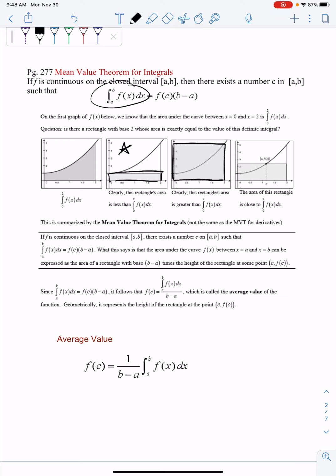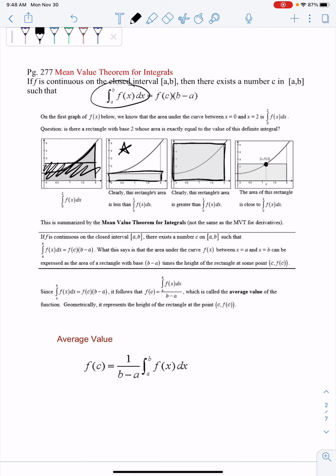What the mean value theorem is saying is that there's some height that we can make this rectangle so that the rectangle's area is equal to the actual area under the curve. So it's saying if you have this weird shaped curve somewhere, you can make a rectangle at some height so that the area of that rectangle will match the area under the curve.